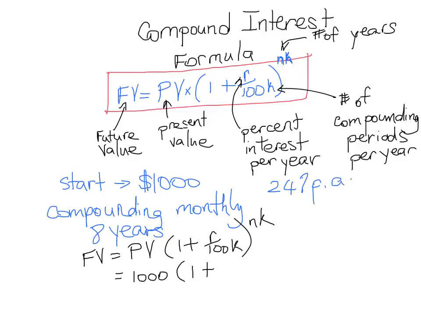So now that we have that, we can put it in for R. R is 24 over 100. Okay, so it's compounding monthly, and K is the number of compounded periods per year. Since there are 12 months in a year, K is 12.